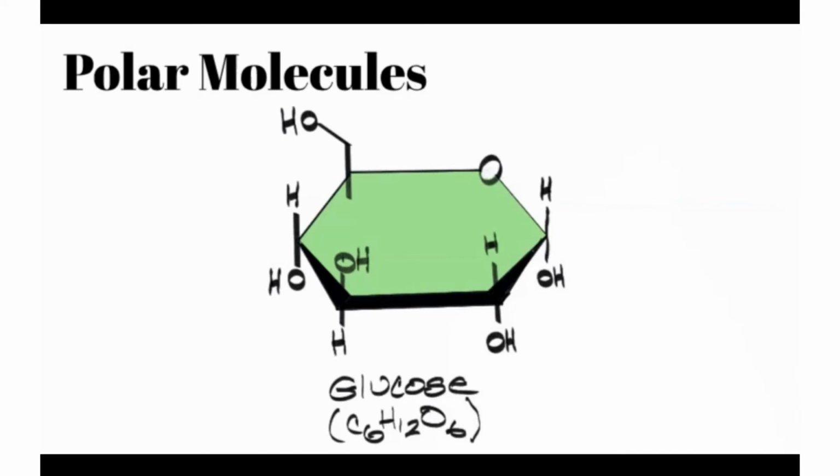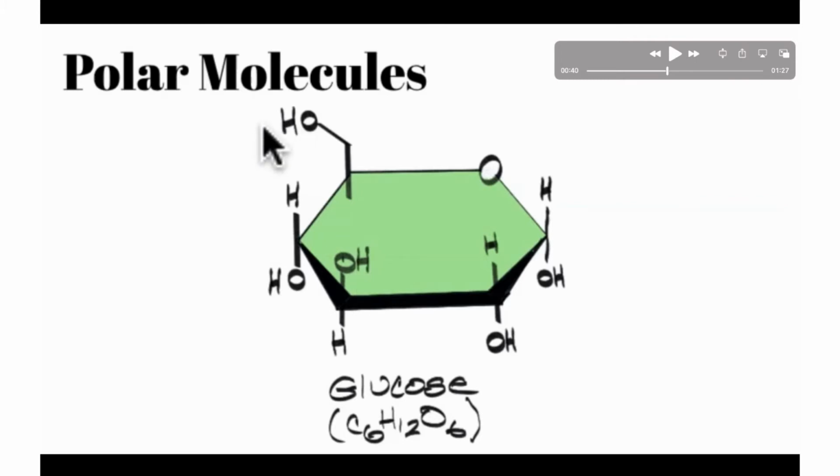Okay, so this is just an example of another polar molecule. This is glucose, and glucose is going to be a molecule we talk about almost every lecture, if not every lecture. It is super important to our body. It is that fuel source we talked about that helps us produce ATP. Glucose is a polar molecule because we see a number of oxygen atoms in this molecule. And these oxygen atoms are bound to hydrogen.